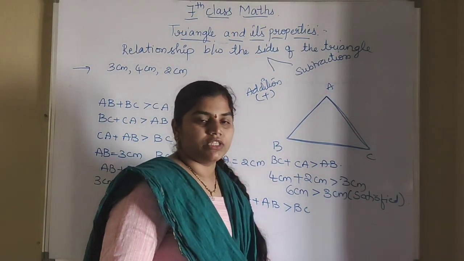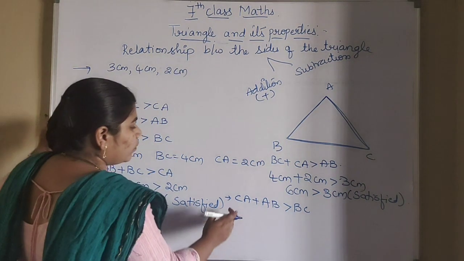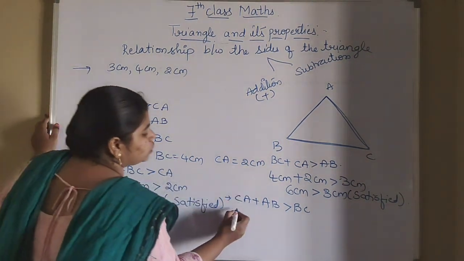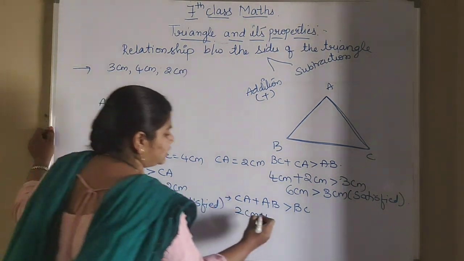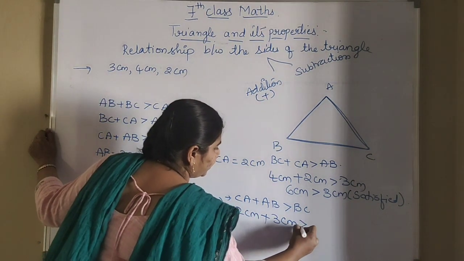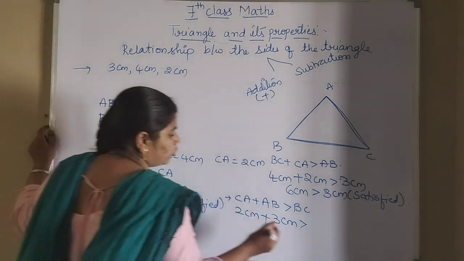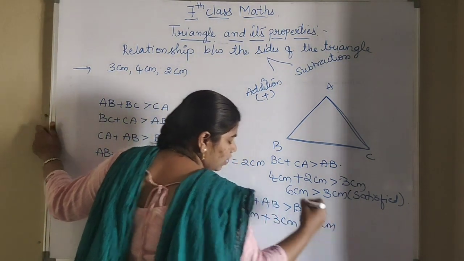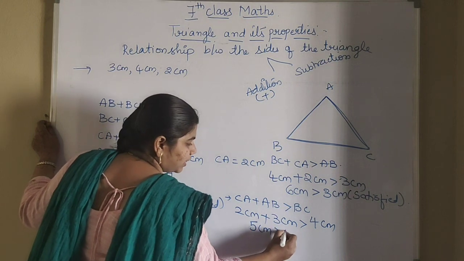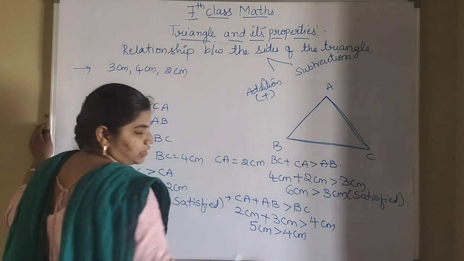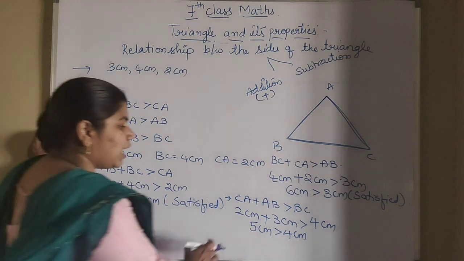Whether the third condition will be satisfied or not, we will check. CA value is 2 centimeters plus AB value is 3 centimeters, should be greater than the BC value, 4 centimeters. Now 2 plus 3 is 5 centimeters, which is greater than 4 centimeters. 5 is greater than 4.